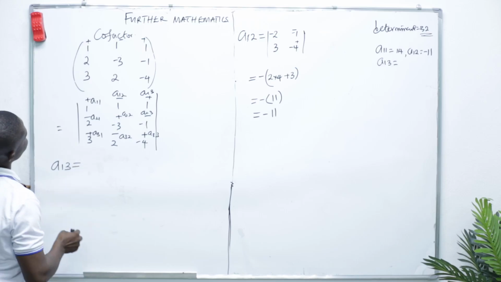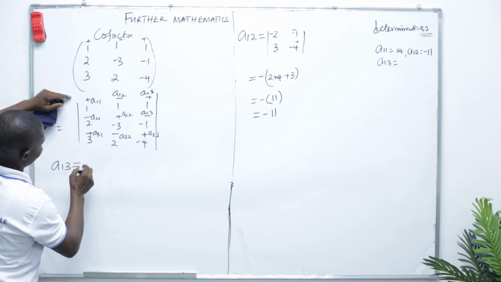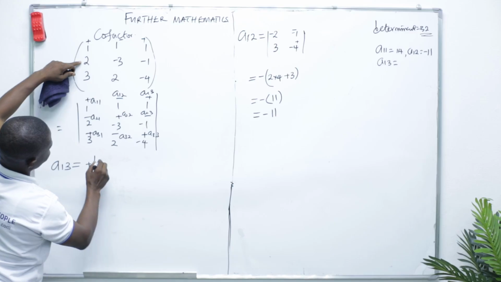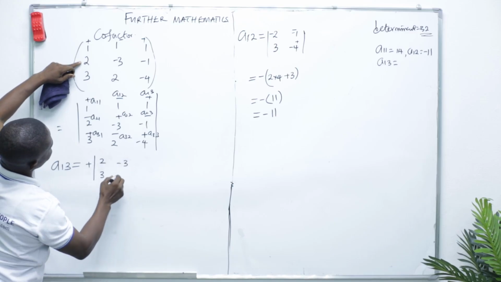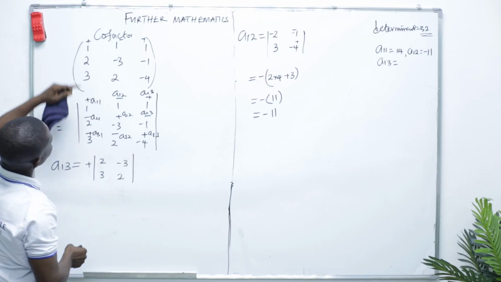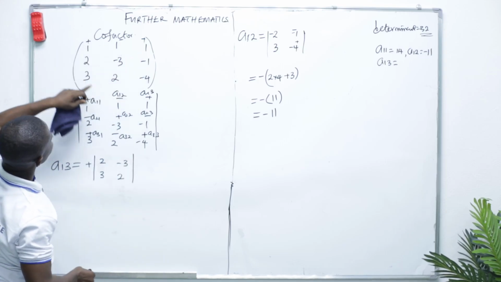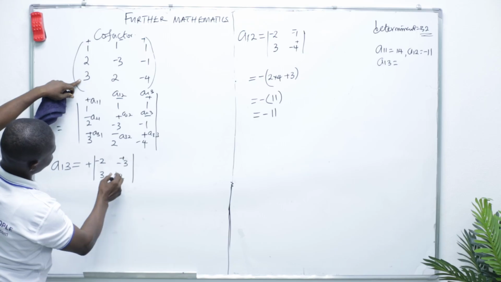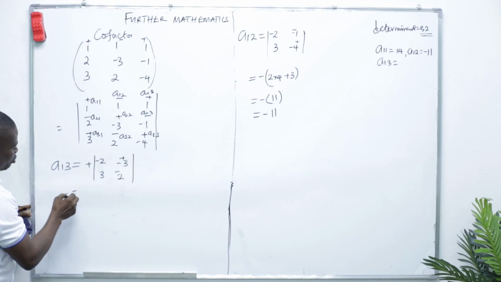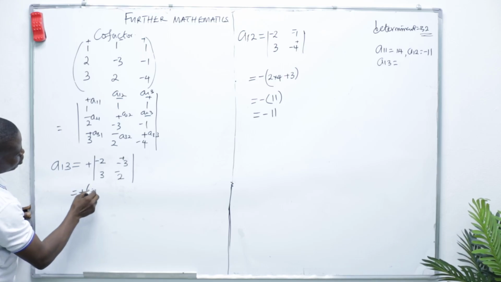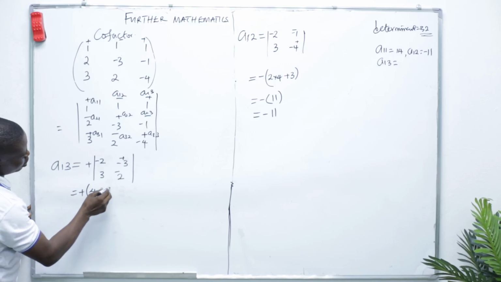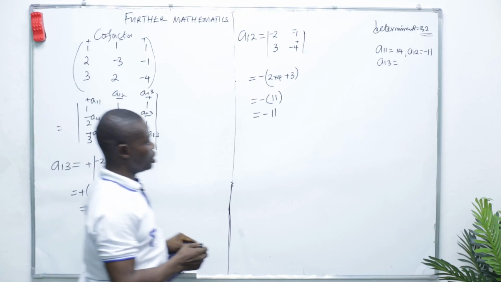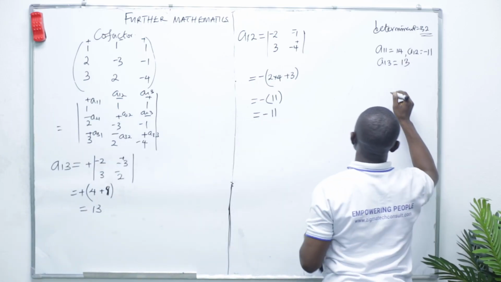A13 equals plus into 2, 3, minus 3, 2. We're going to have plus, this is 4, plus 9, 13. A13 is 13.